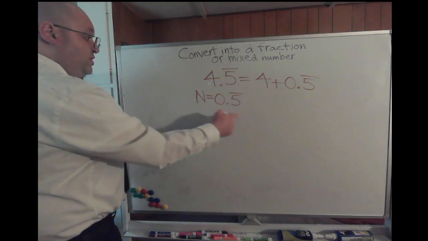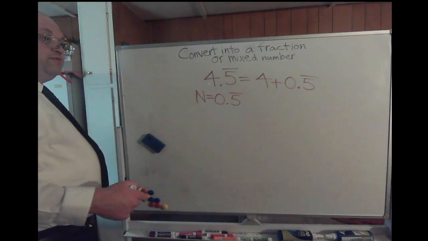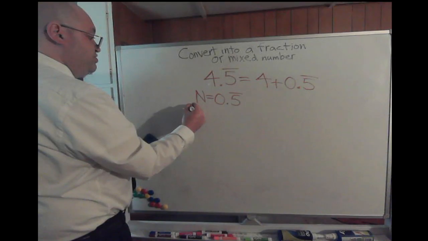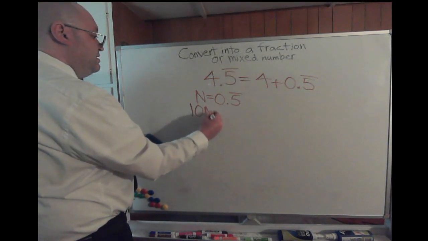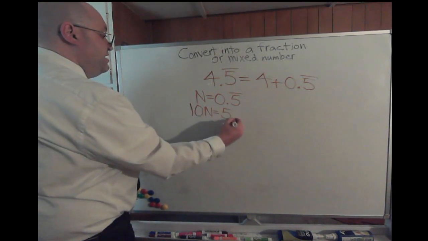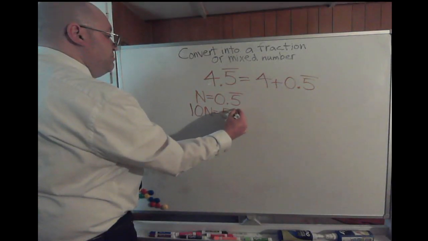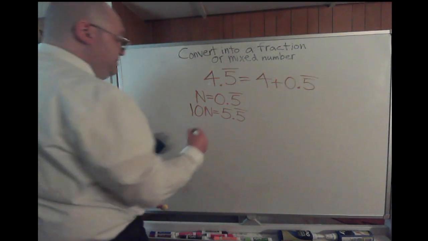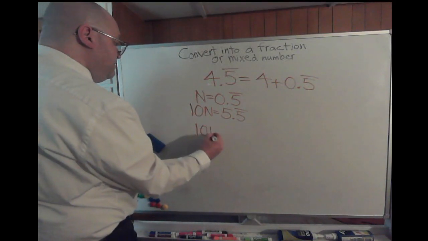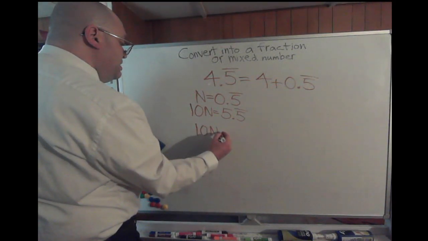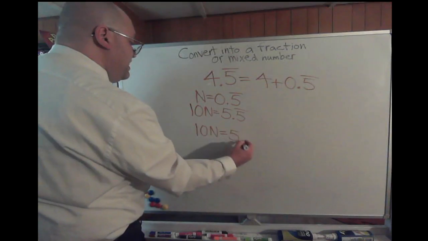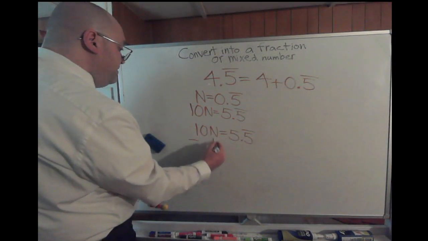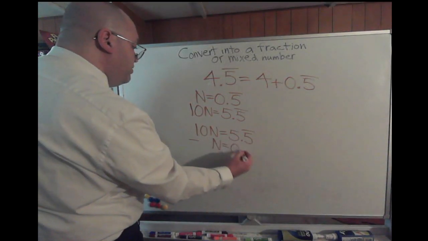Alright, so we see one decimal place here. In order to form an equation to get rid of the bar, we need to move it to the right one decimal place, which means we multiply by 10. So 10n equals 5.5 bar minus n, which is equal to 0.5 bar.